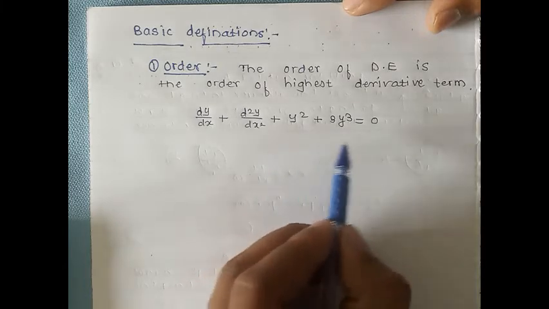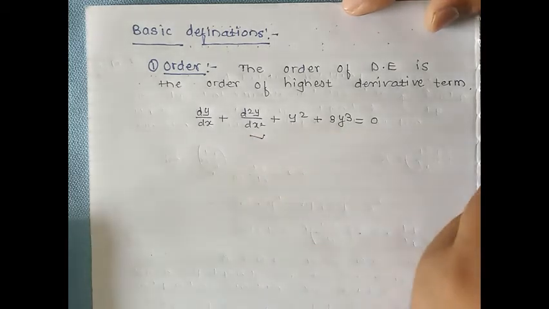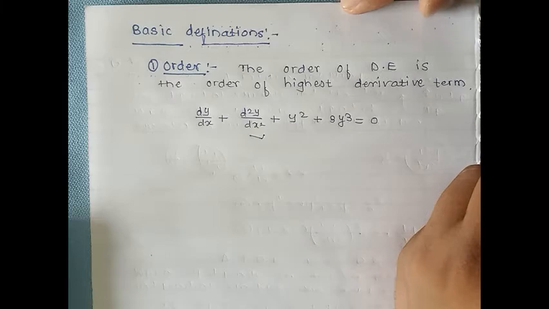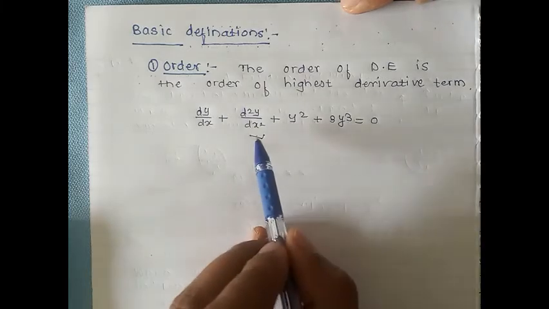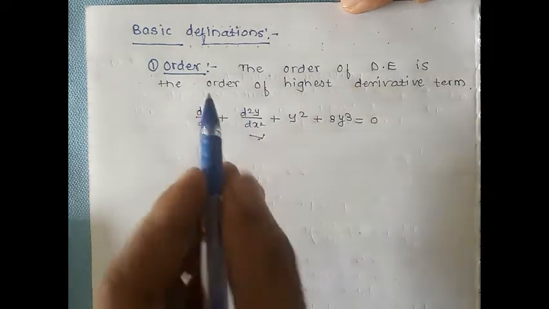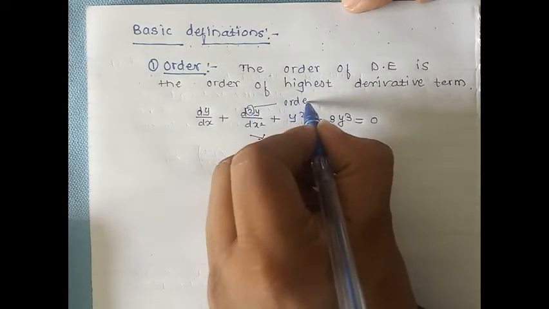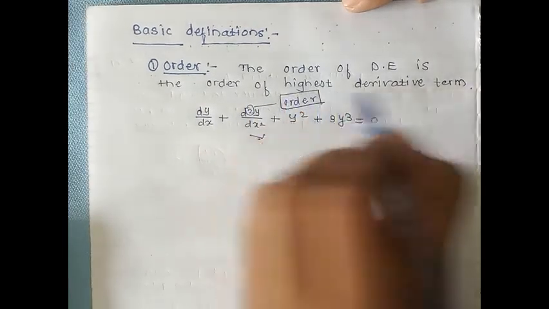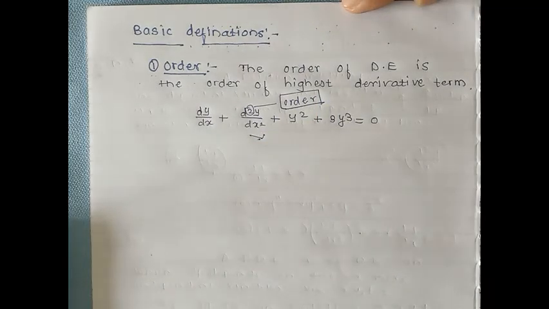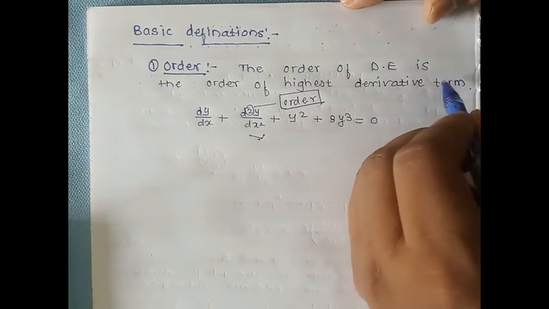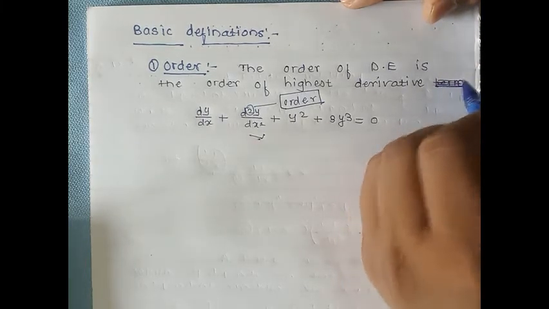The order of this differential equation is 2, because the highest order derivative is 2. So order is nothing but the highest order derivative. Here, not term, we can only say highest order derivative.